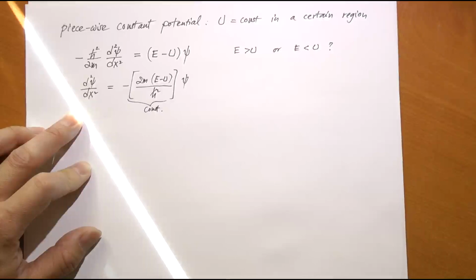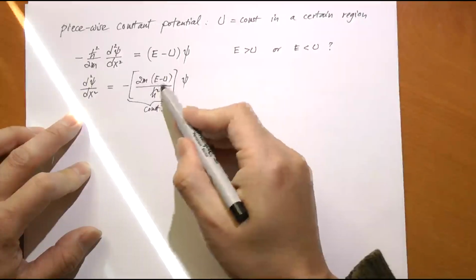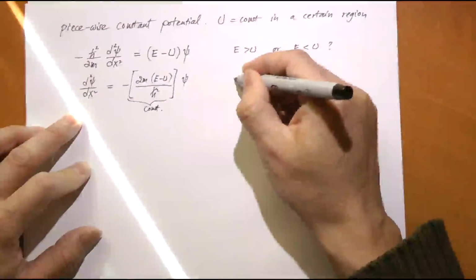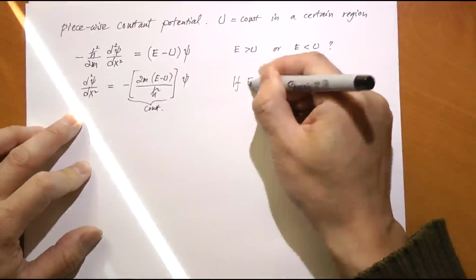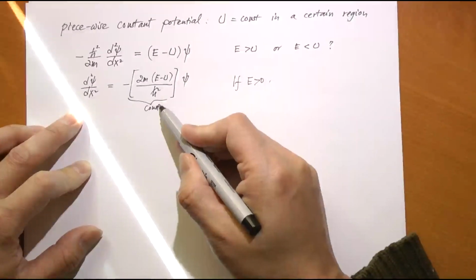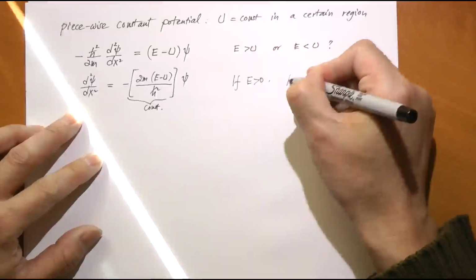That constant may be positive or negative, depending on whether E is greater than U or E is less than U. If E is greater than U, that constant is positive. Because it's positive, I give it a name. I call it k squared.